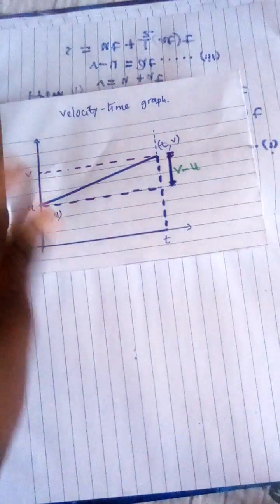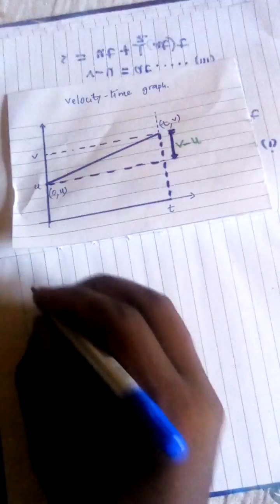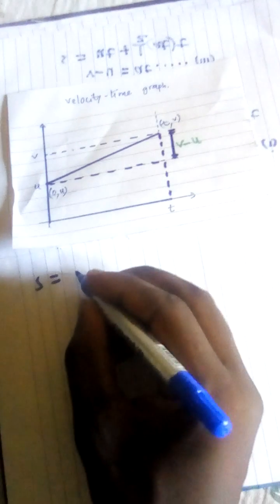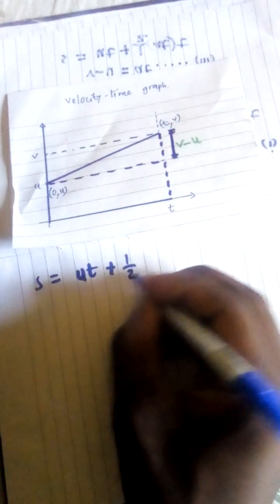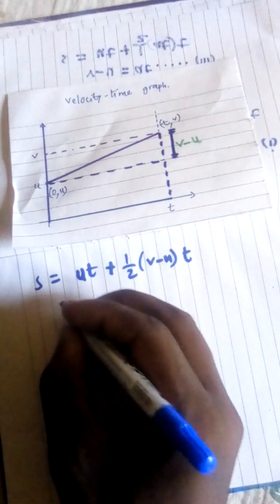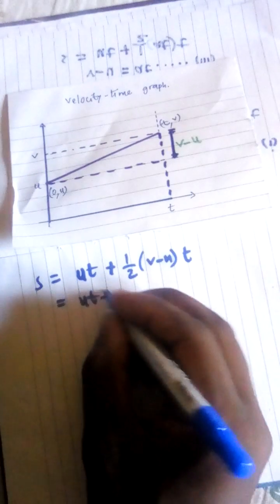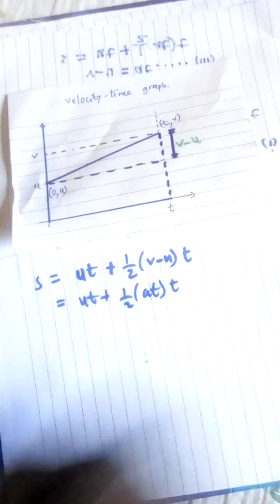We still have the same graph we had. So basically we had s is ut plus half (v minus u) then t, and we've said v minus u is at, then t will just be beside.